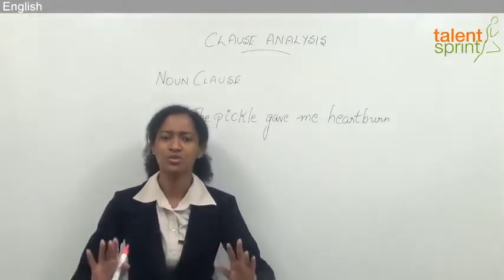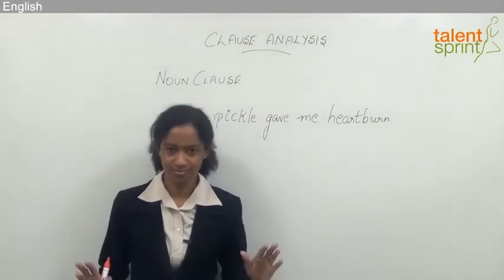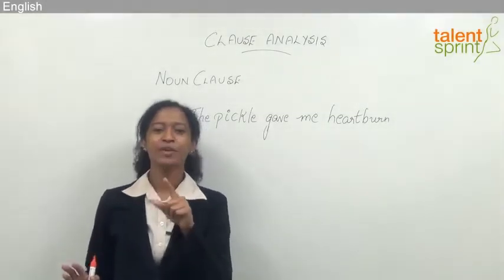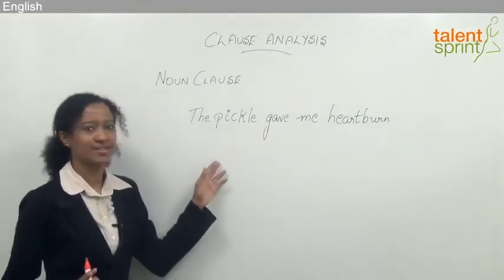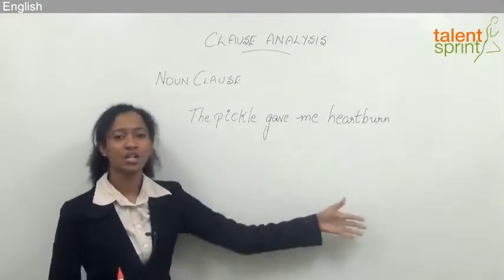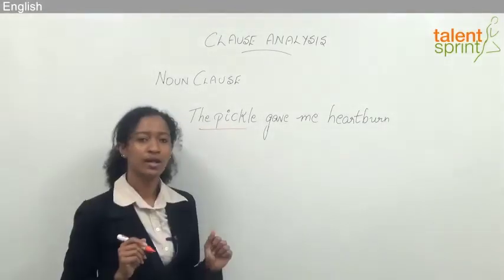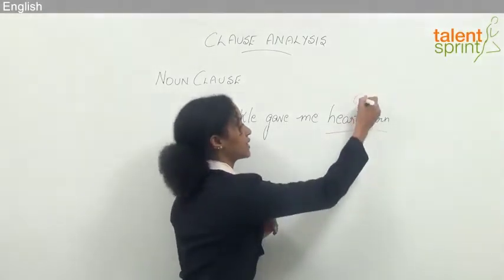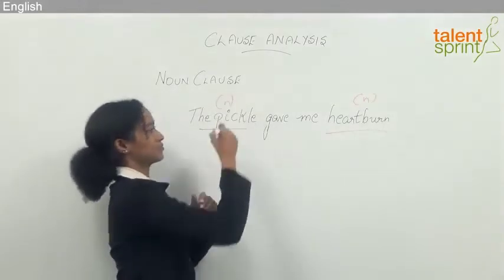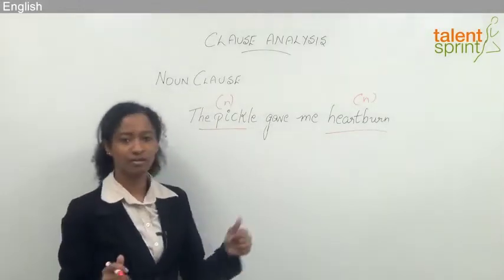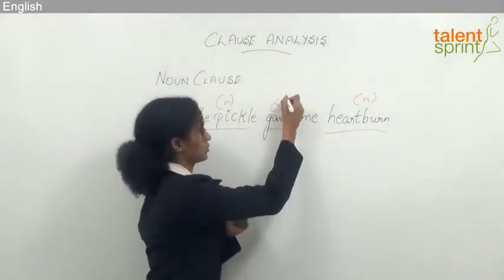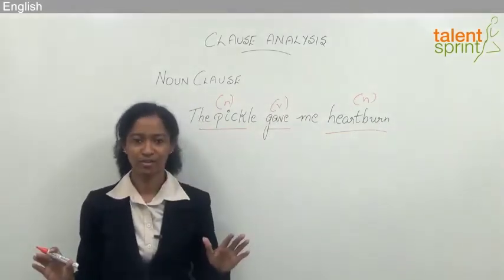So noun is equal to subjects and objects. Okay, let me clarify that with this sentence here. The pickle gave me heartburn. The pickle and heartburn are my nouns. Gave is my verb. Clear so far? No problem.